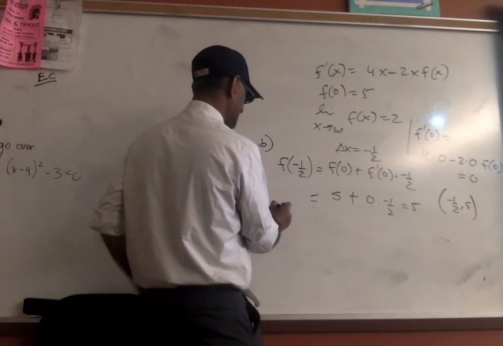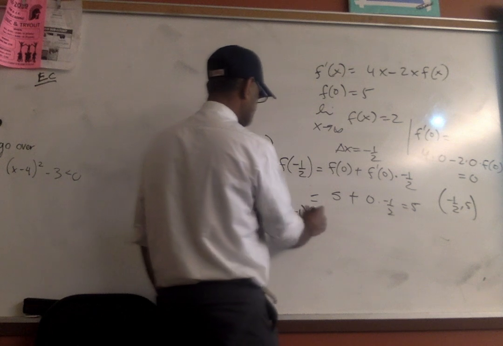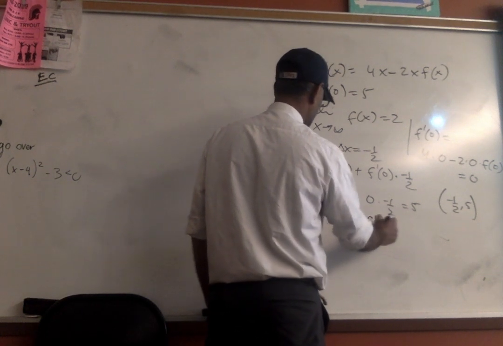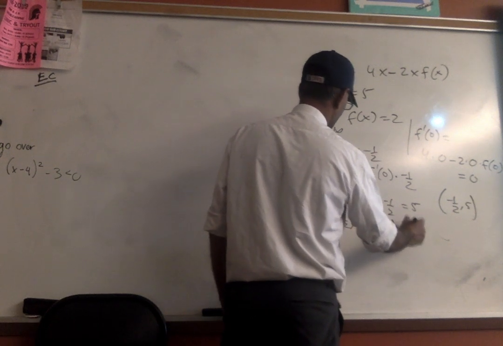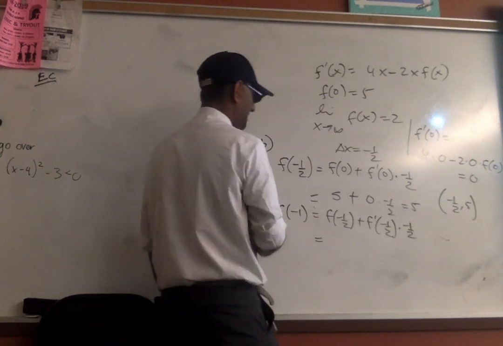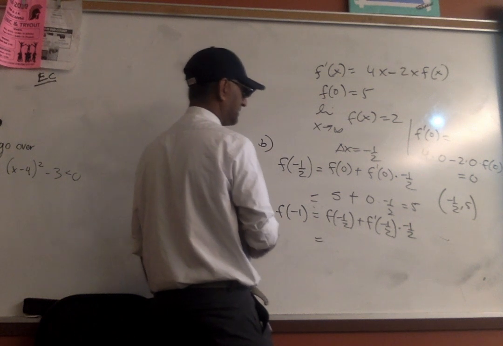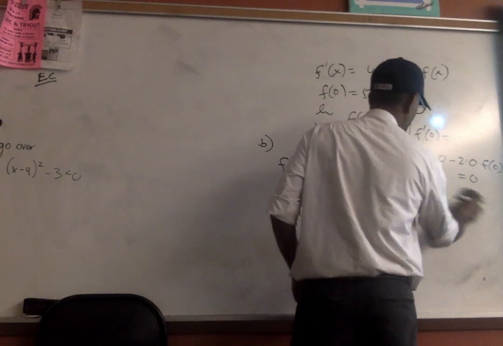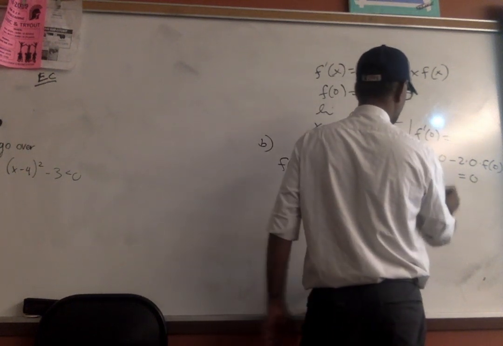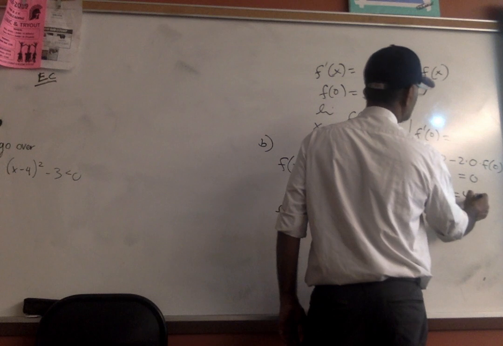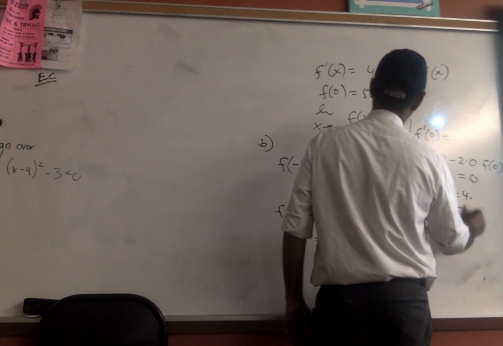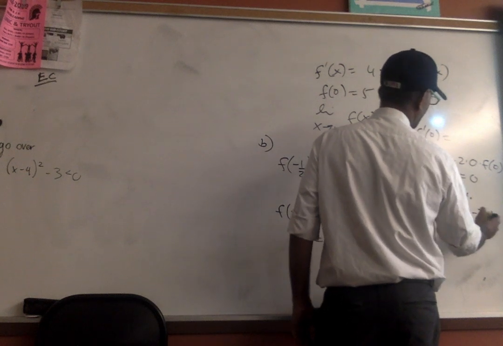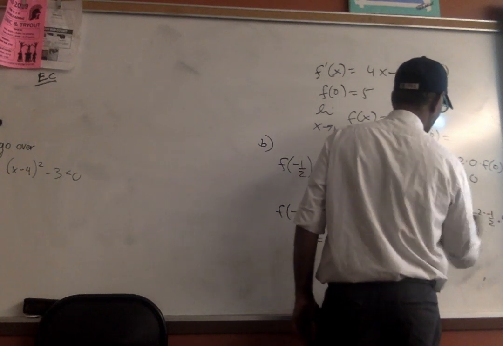Okay. And then final step, f of -1 equals f of -1/2 plus f dash of -1/2 times -1/2. And f of -1/2 we just found to be 5, plus sidebar for f dash, because there's quite a bit of algebra to be done. f dash of -1/2: 4 times -1/2 minus 2 times -1/2 times f of -1/2, which is 5.